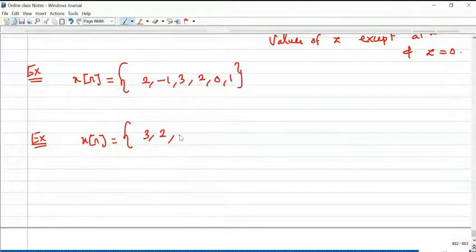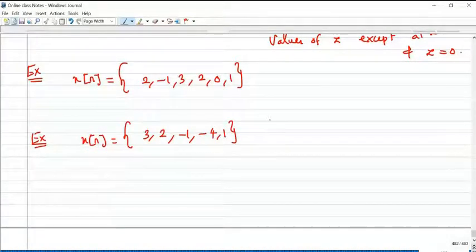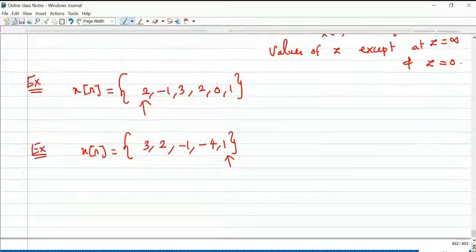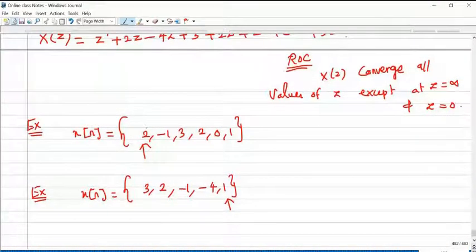3, 2, minus 1, minus 4, 1. Okay, so this one is like this. How to find x of z? Follow the same procedure. Okay. x of 0, x of 1, 2, 3, 4, 5. This is x of 0, x of minus 1, x of minus 2, x of minus 3. Okay.